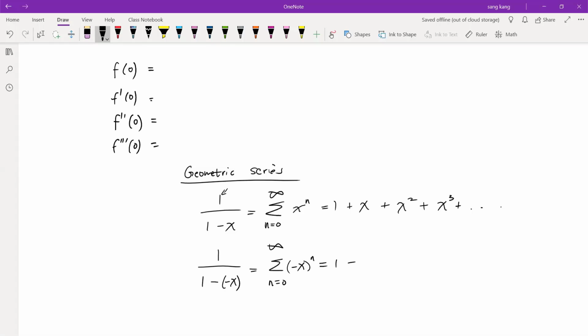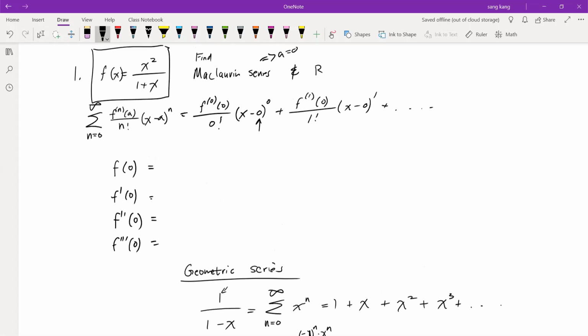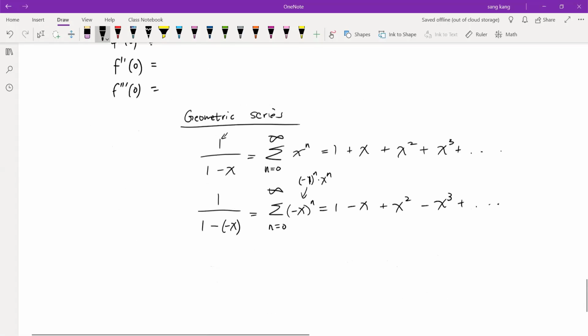So this would be 1 minus x plus x squared minus x cubed. So this alternates, right? And you can see that here when I replace x with negative x. This is equivalent to negative 1 to the n times x to the n, right? So it's alternating.